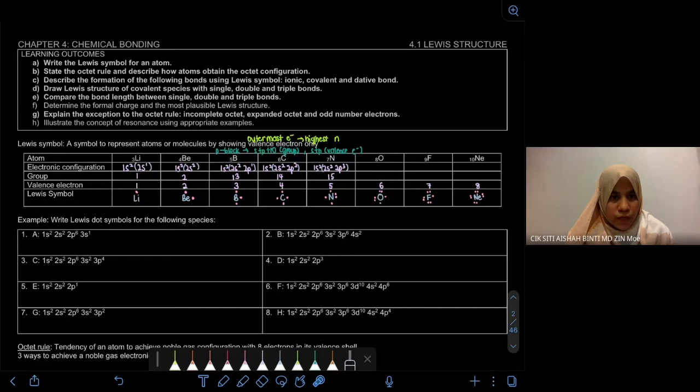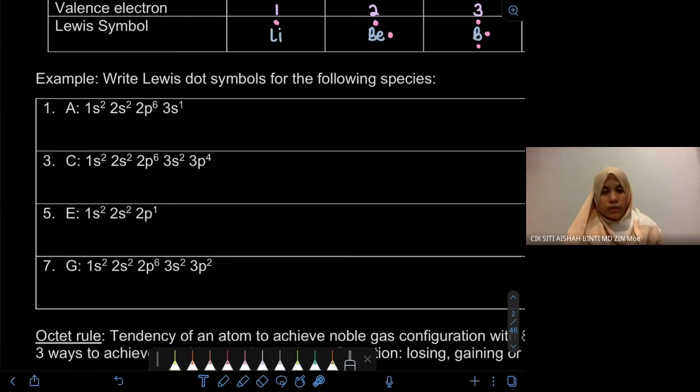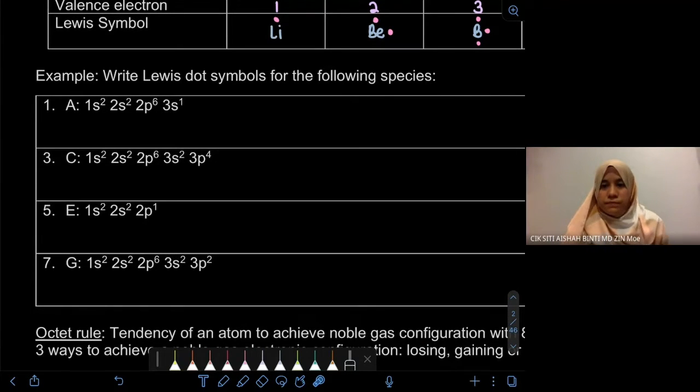So Miss can call on you one by one to ask how to draw the Lewis symbol. Okay, here, write the Lewis dot symbol for the following species. So example number 1, we look at this electronic configuration.